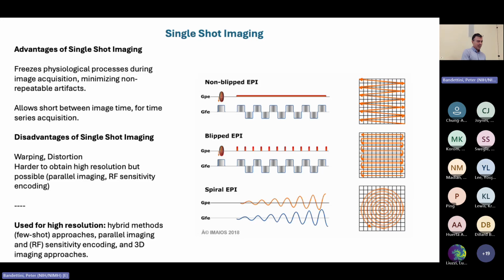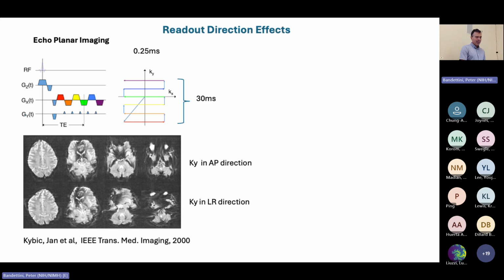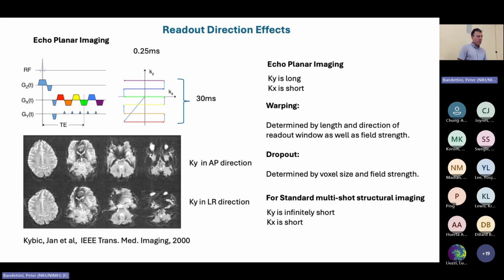All right. Just very briefly, and this is probably way more than you want to know, but it's important to at least see. When you go to the scanner, and some of you might be operating the scanner, you can specify which way you want your read direction to be, left-right, AP, up-down, and depending on how you do that, you'll have different warping in the image.